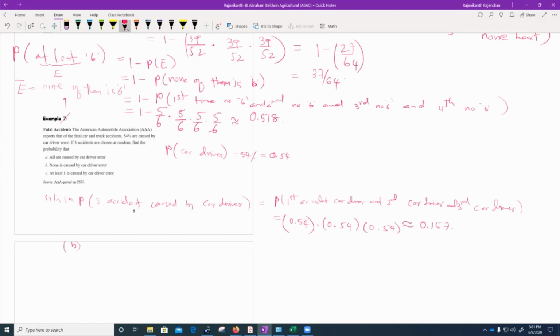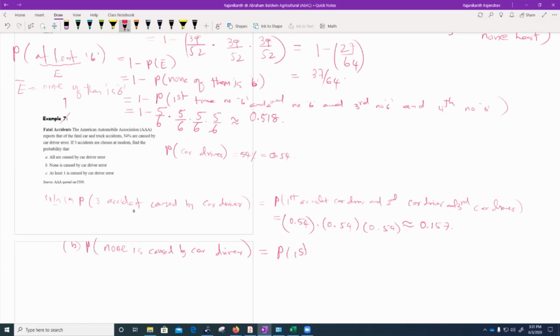The second part, the probability that none of them is caused by a car driver. That means you are checking three accidents.